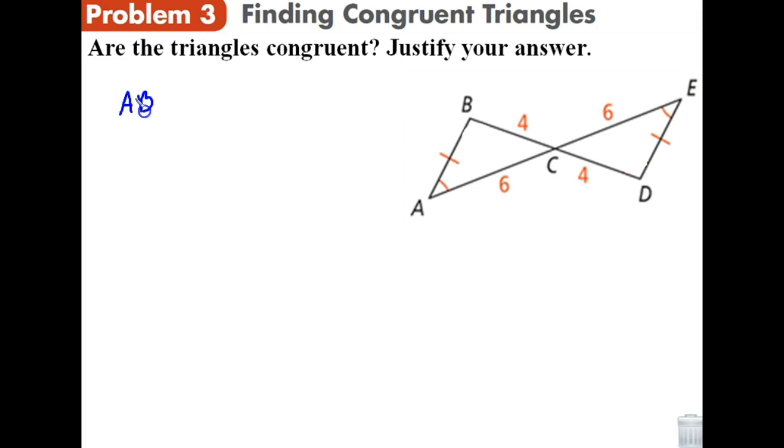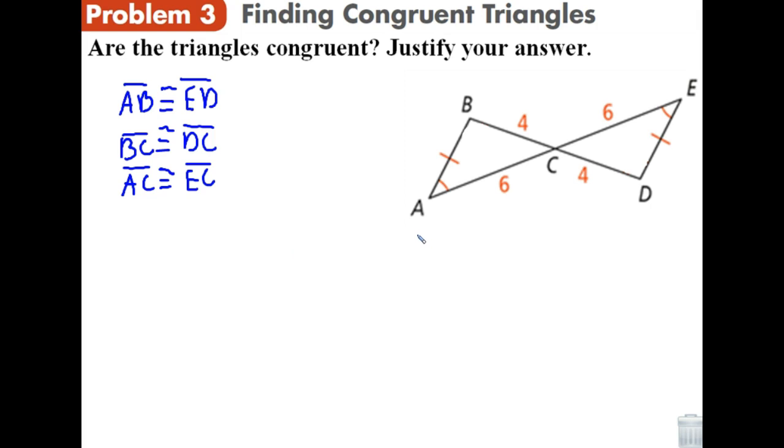We know that AB is congruent to ED, because they're marked congruent to each other. By the same token, we know that BC is congruent to DC, because they're labeled with the same measurement. And also that AC is congruent to EC.